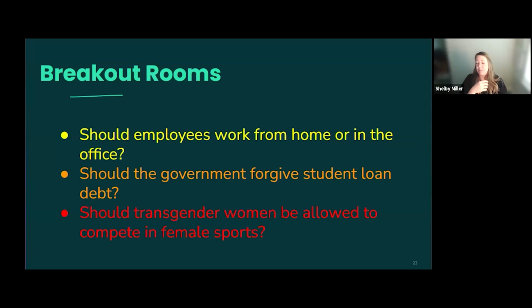Maybe they don't have their heels dug in over it. But if there's one of these where you take a side on it, it can be really hard to think about perspective taking, because again, you're not taking someone else's side. You're just going, I see where you arrived at that based on your experience and your information.